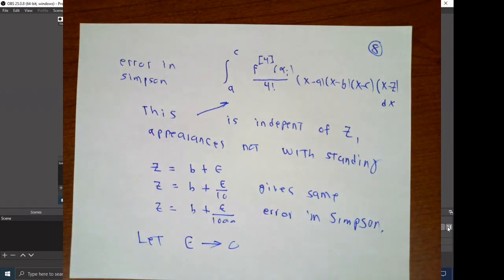I can let z be b plus epsilon over 10, and this formula will be true. I can let z be arbitrarily close to b, and the error formula will be true, meaning I may as well take a limit as z approaches b, epsilon tends to 0, and my error estimate will still be correct.